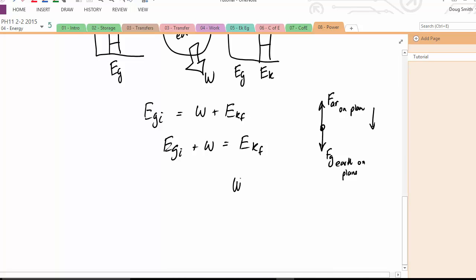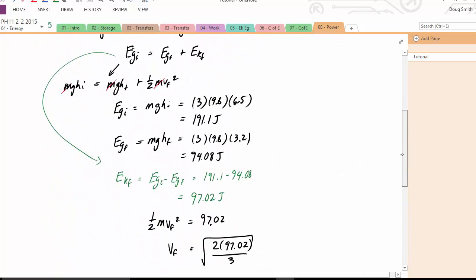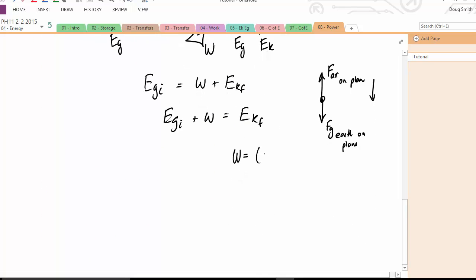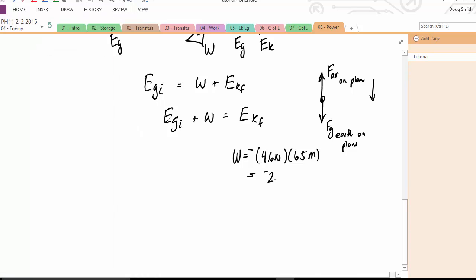When the force and direction are in opposite directions, the work is a negative number. In this case, the force is 4.6 newtons, so it's 4.6 newtons times 6.5 meters. That's 29.9 joules, and it's negative because it's pushing up but the plane is coming down.